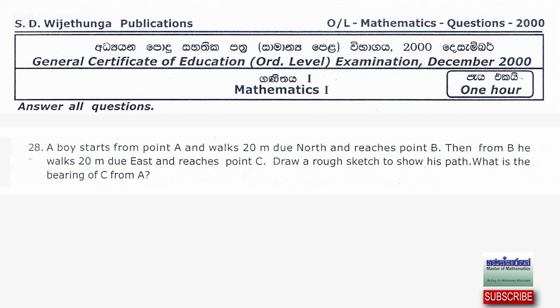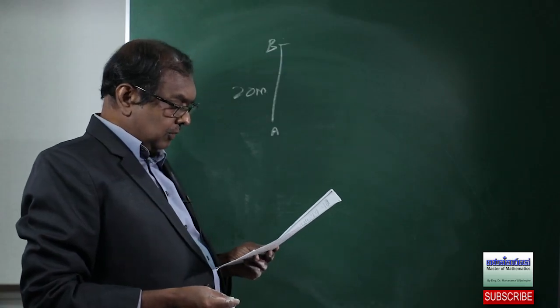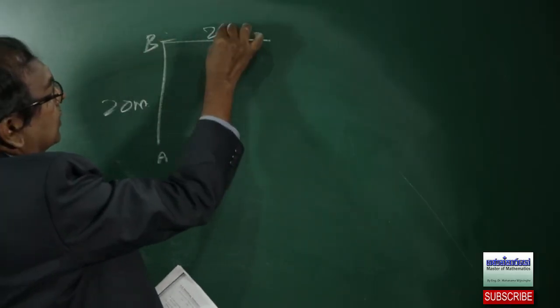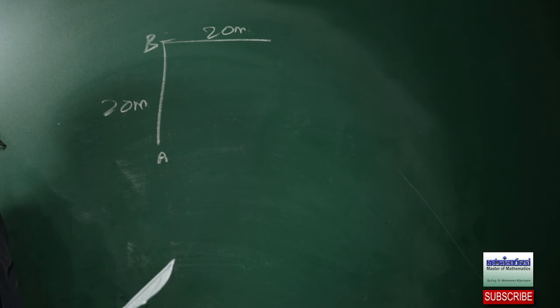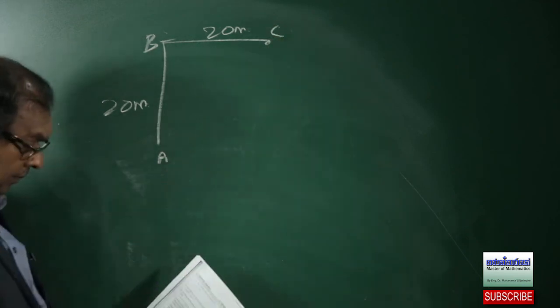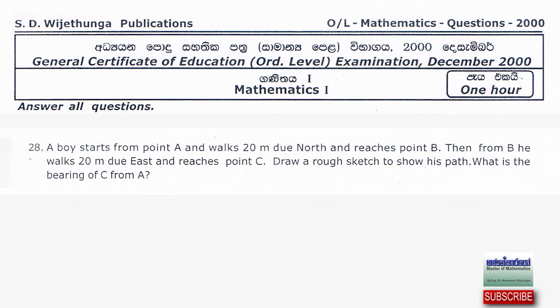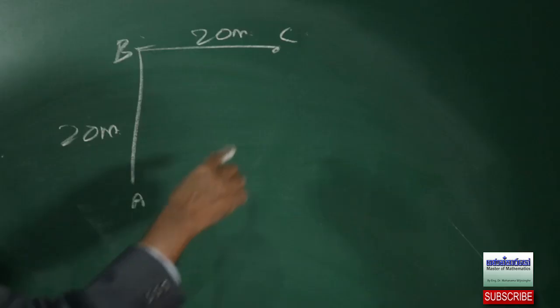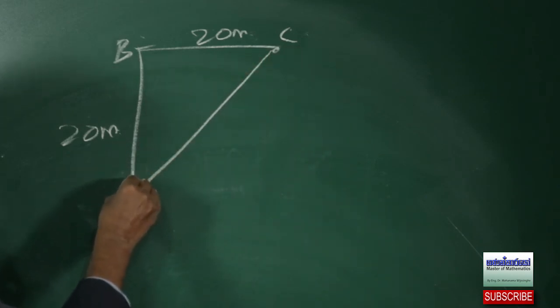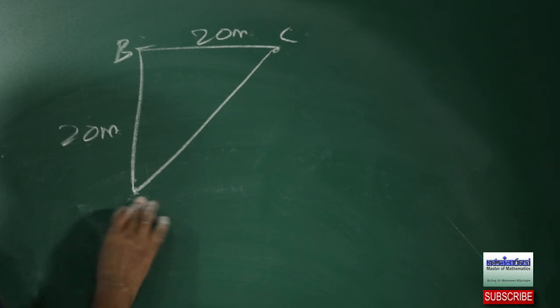A boy starts from point A and walks 20 meter due north and reaches point B. Then from B he walks 20 meter due east and reaches point C. Draw a sketch to show his path. What is the bearing of C from A?